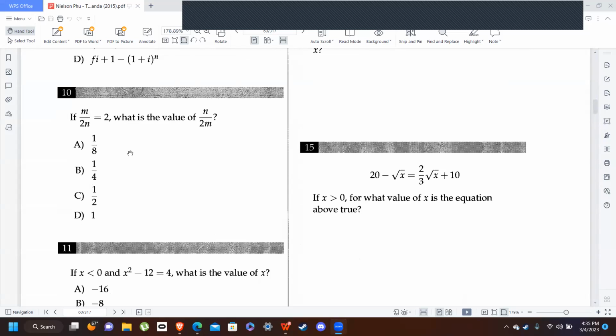How did you get that so fast? M over 2n is equal to 2, but what they're asking us for is a flipped version, so we just flip the answer as well. 2 is 2 over 1. So n over 2m is the same as a half.